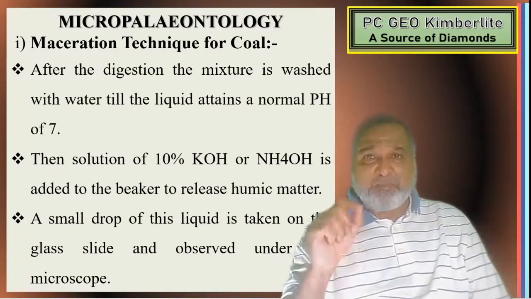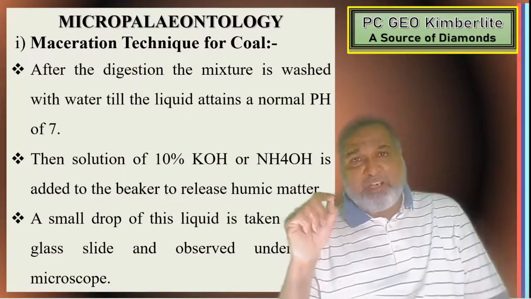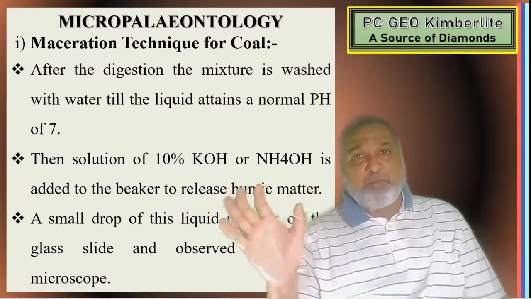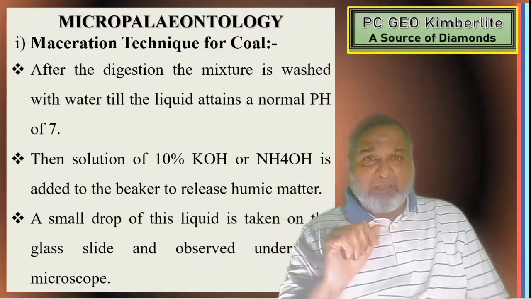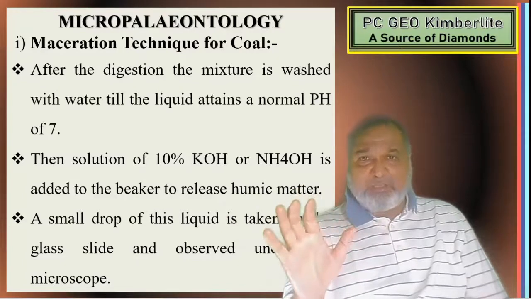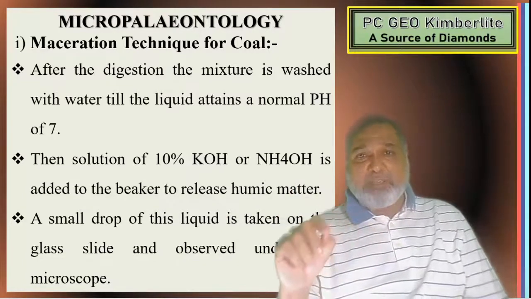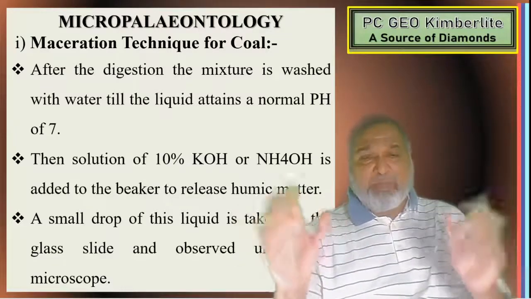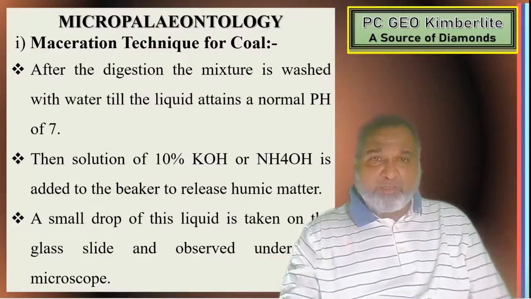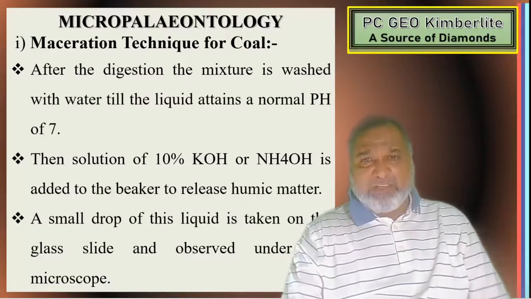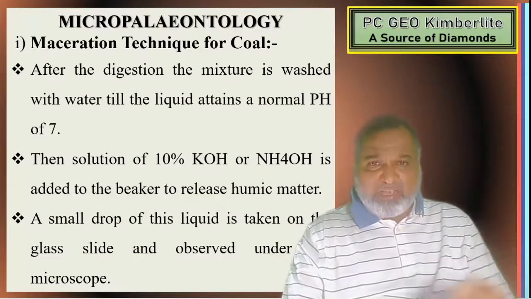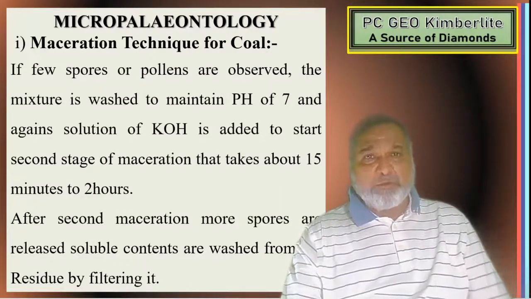After the digestion, the mixture is washed with water till the liquid attains a normal pH of 7. A solution of 10% KOH or NH4OH is added to the beaker to release the humic matter. A small drop of this liquid is taken onto a glass slide and observed under the microscope.